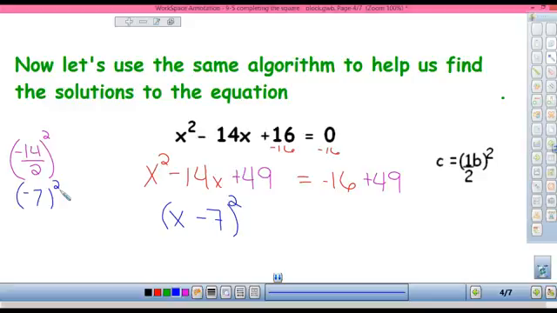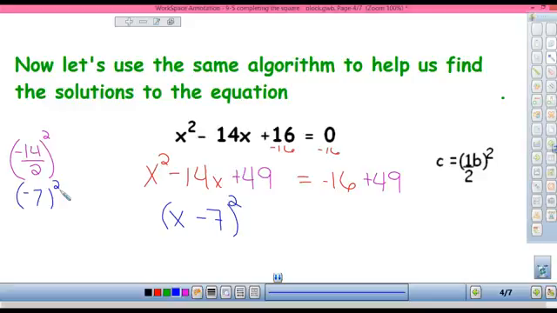Does everyone understand where we got that? Because how do I factor this, Dylan? What times what gives us 49? Yep, and does negative 7 plus negative 7 give us 14? Yes. So that's how we get that. And this number should match that number.